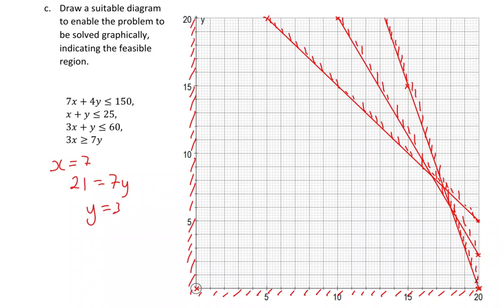So actually, I could go and double that, couldn't I? And go to x is another 7 along to 14, and then up to 6. So 14, 6. Draw a line.